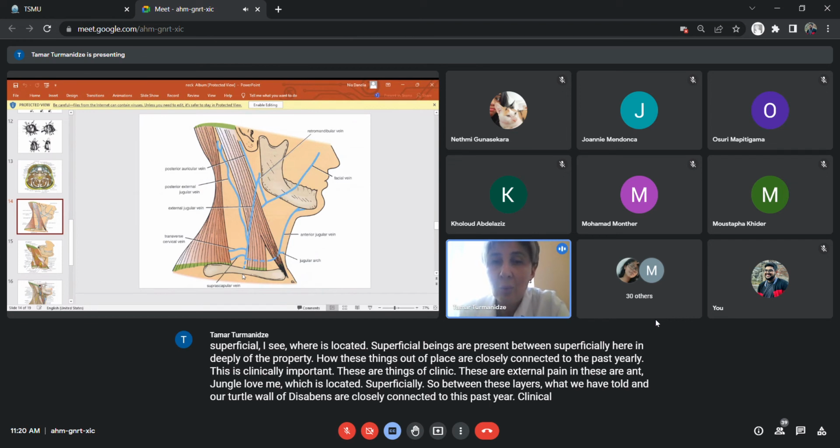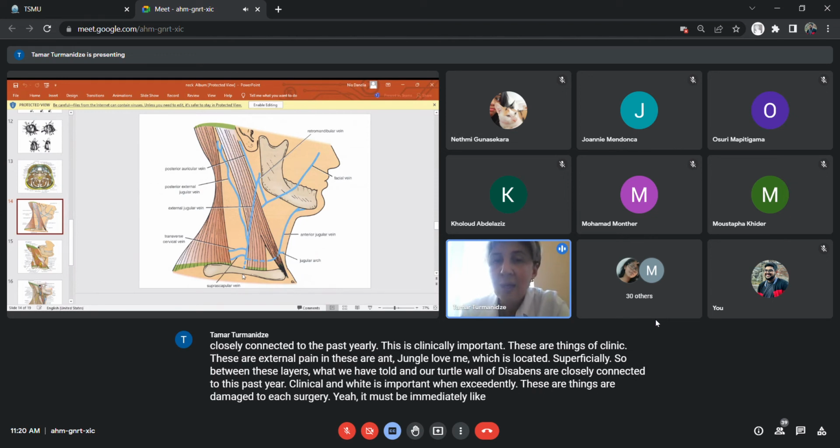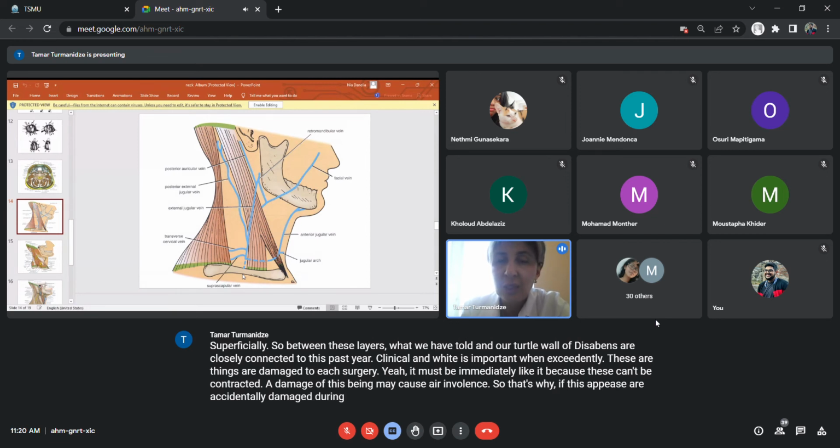Clinically, why is it important? When accidentally these veins are damaged during surgery, they must be immediately ligated because these veins can't contract. Damage of this vein may cause air embolism. So that's why if these veins are accidentally damaged during the surgery, they must be immediately ligated.